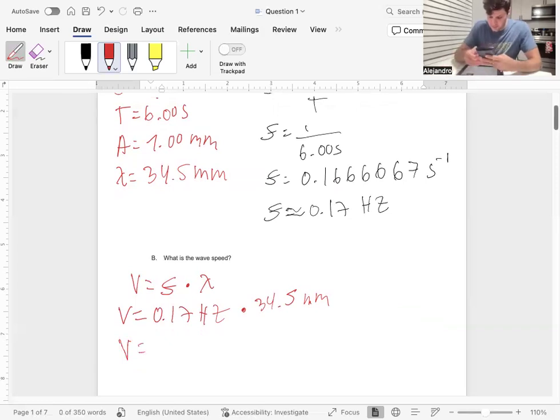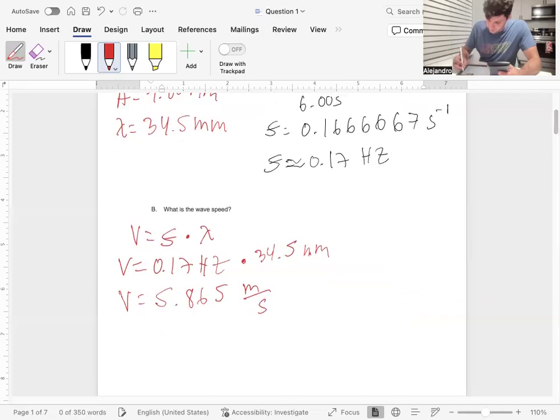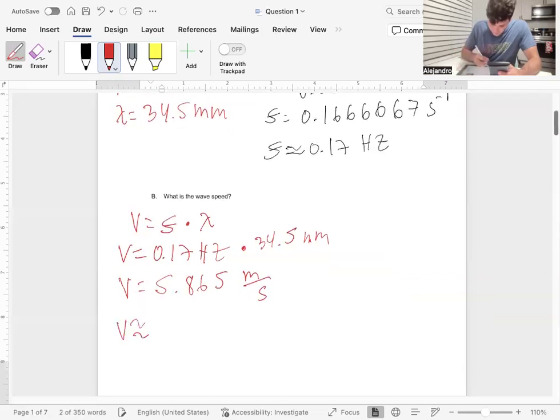We calculate. It is roughly 5 meters per second, 87 meters per second.